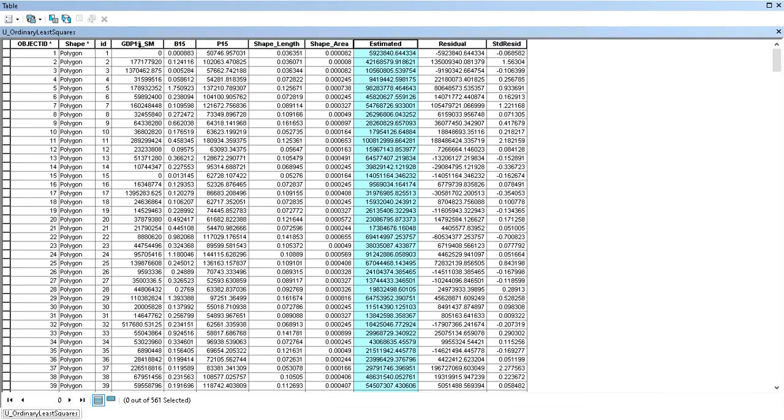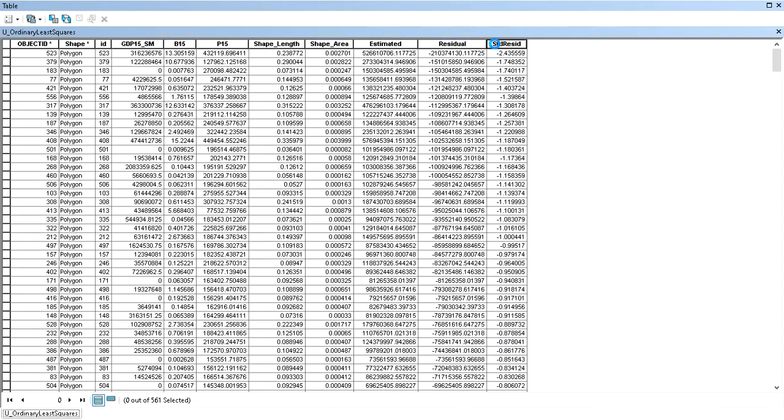GDP observed minus estimated based on population and built up will be the residual. So these residuals are standardized here. Just to see, here minus 2.4, what does it mean?